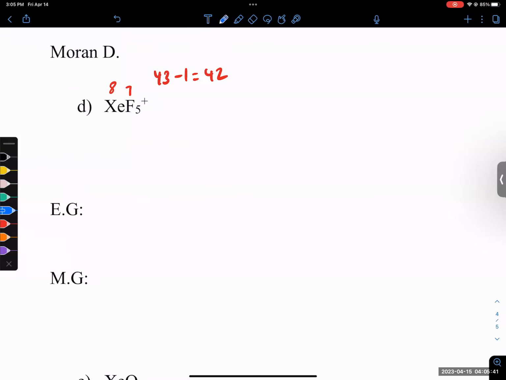Now, let's not use the trick for this one. Let's do it the long way. So xenon, F, F, F, another F, another F. Connect all these with bonds. That's 10 electrons used up because I made 5 bonds. So 42 minus 10 is 32.